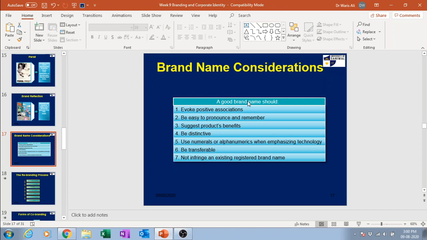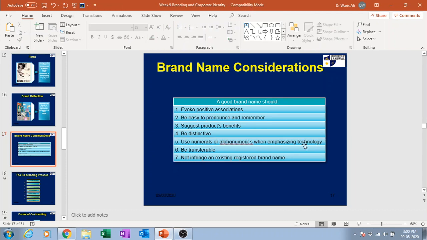And it's better if the brand name you are using reflects the product's benefit, if possible. Brand must be distinctive, and if possible, use alphanumerics or numbers for emphasizing the technology.